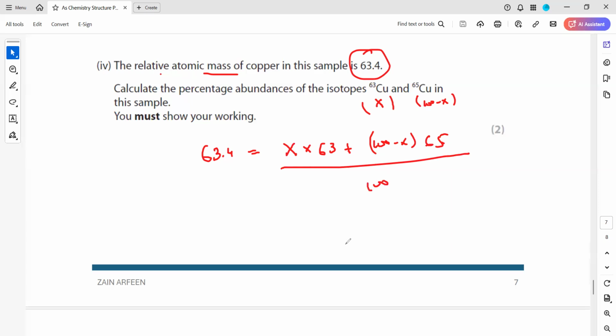Then we just have to simplify this mathematical equation. 100 is divided on one side, so it is multiplied on the other: 63.4 multiplied by 100. This will be 63x plus 6,500 minus 65x. And then 63.4 times 100, and 63x minus 65x, so this will be minus 2x.